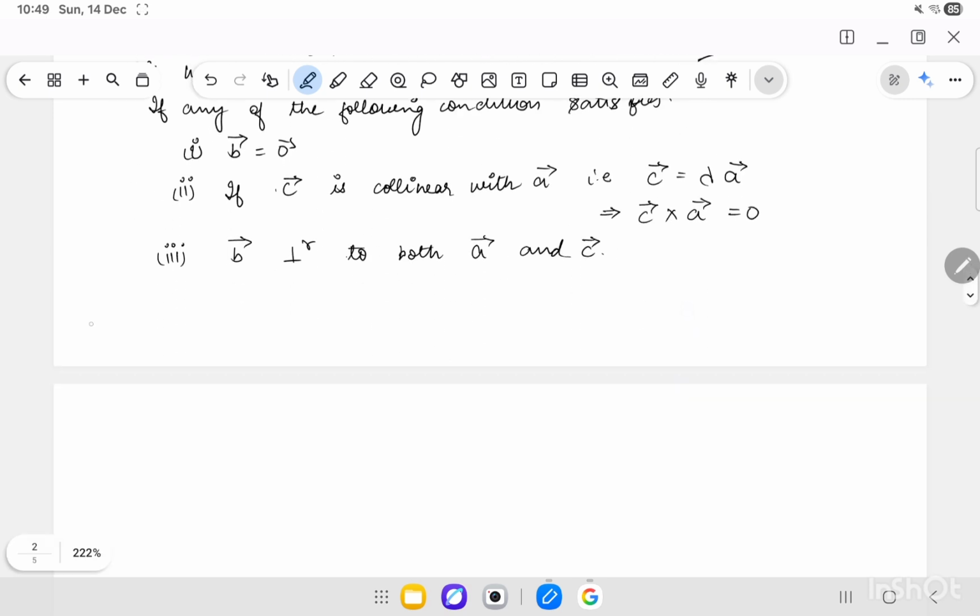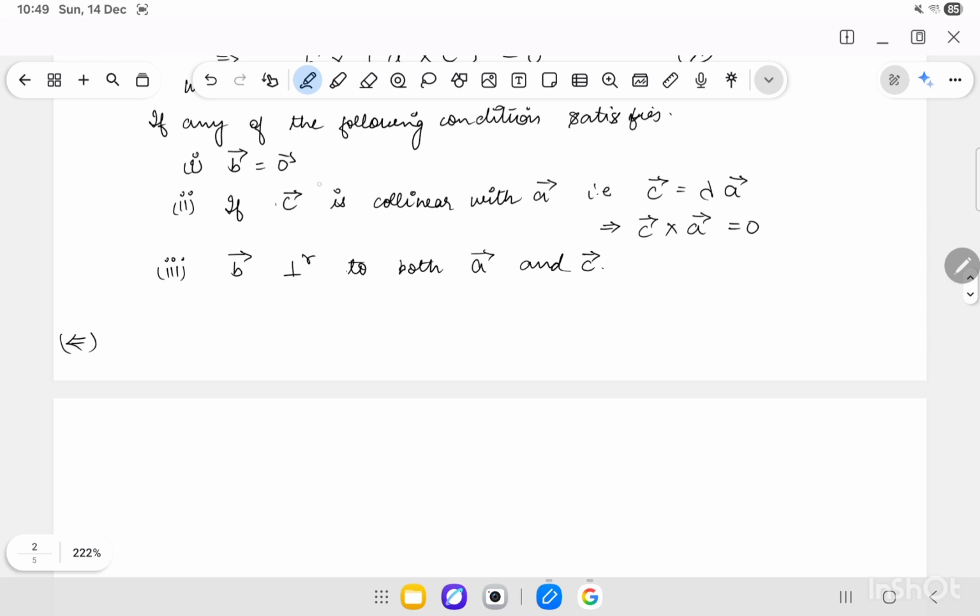Now if we look at the converse part, in this we'll assume that each of the conditions is satisfied individually, and for the given condition we'll show that the above relation holds.